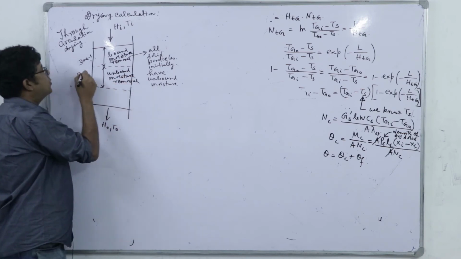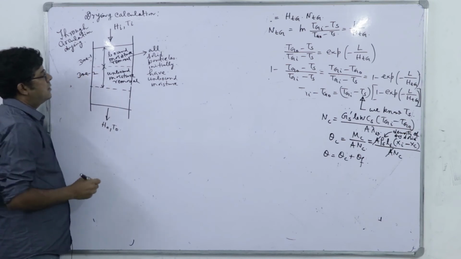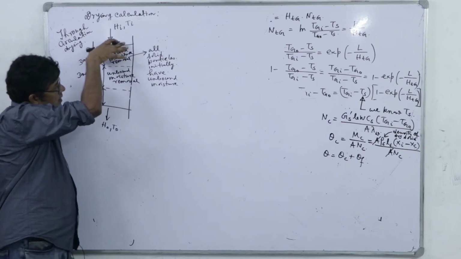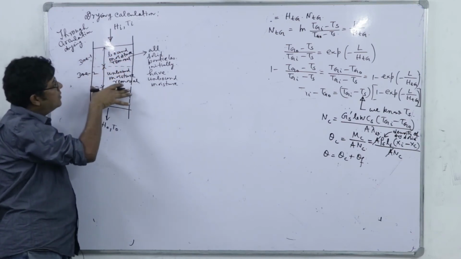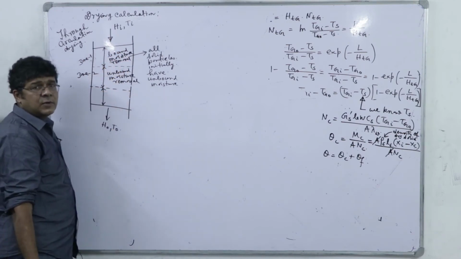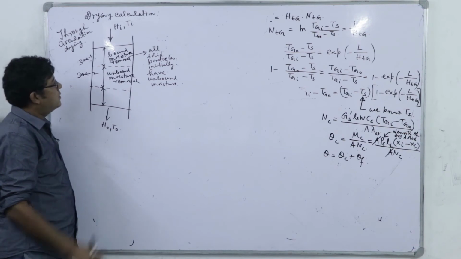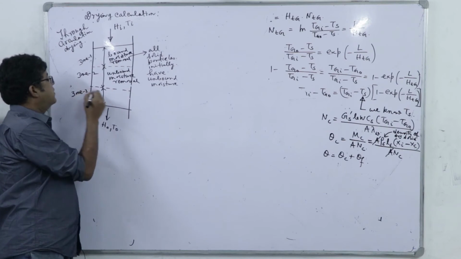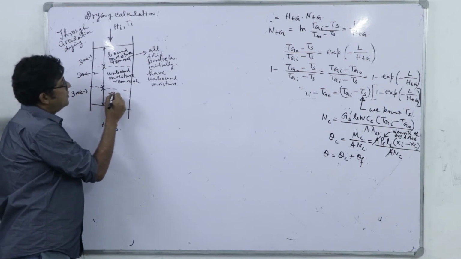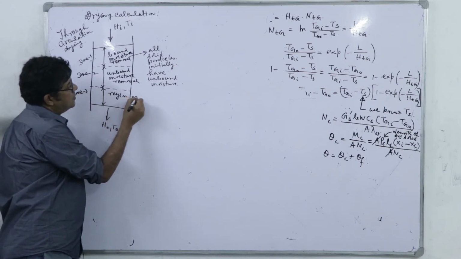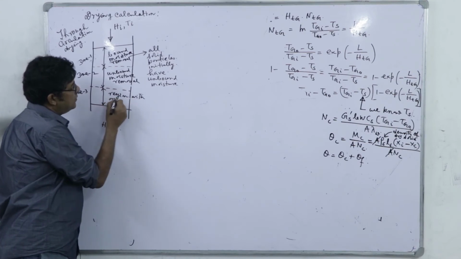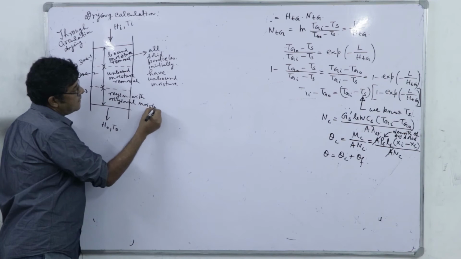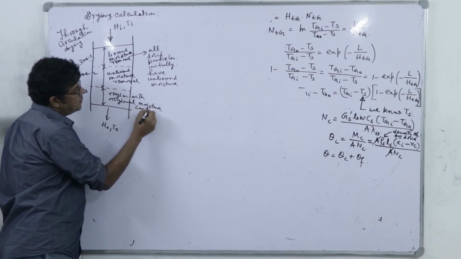That is zone 2. And the next half of the bed, where the air as it's moving down the bed is acquiring moisture and it becomes saturated. So, a region initially will be there with original moisture content. That is the progress of drying.